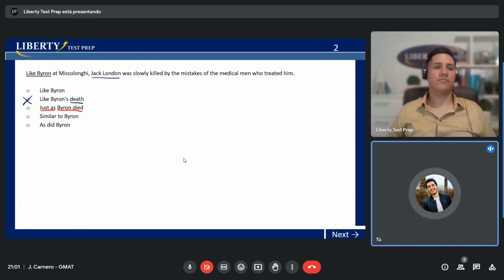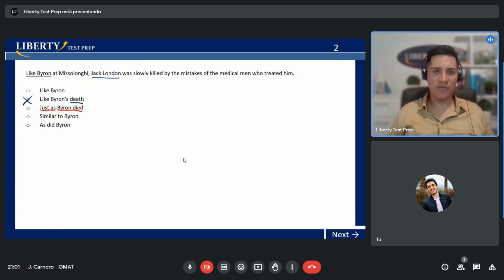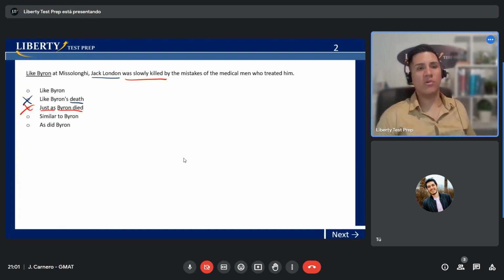Just as Byron died, as Jack London was slowly killed. So we're comparing different things, I think. Very good. One thing is that he died. The other thing is that he was killed, or brutally killed. So that's not the same. That's the logic. Nice. What else?